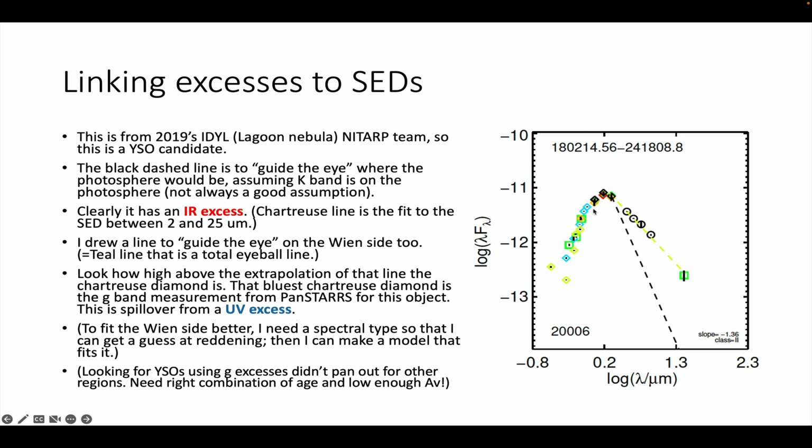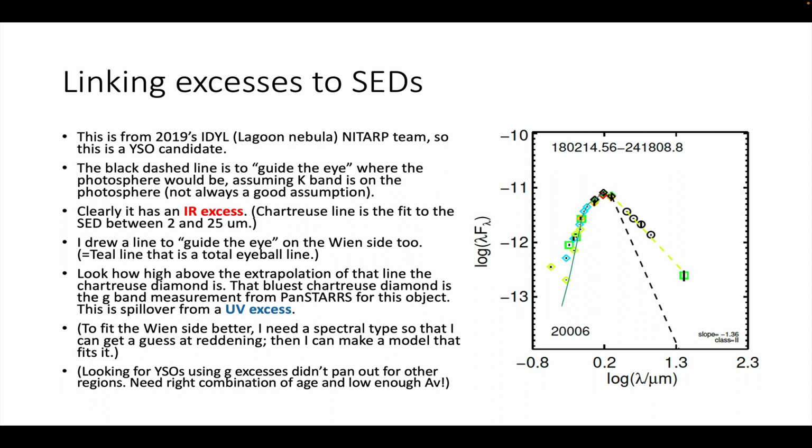There is a line here to guide the eye on the Wien side. That teal line is totally an eyeball line, but it is also where I expect the photosphere to be. Look how high above that extrapolation of that line this band is. This band is the G-band measurement from Pan-STARRS for this object.